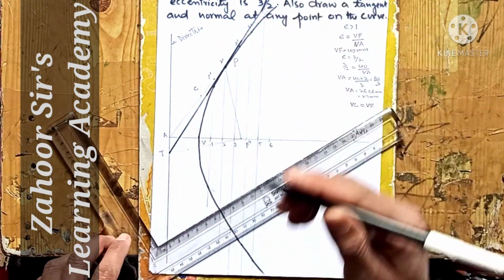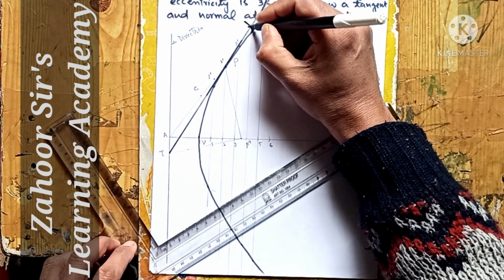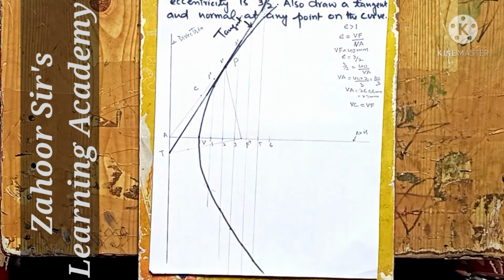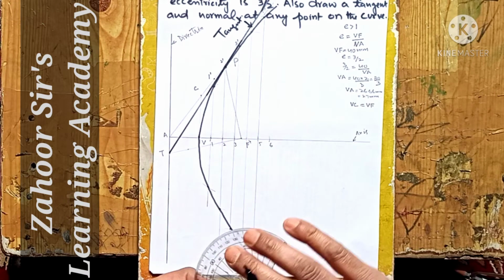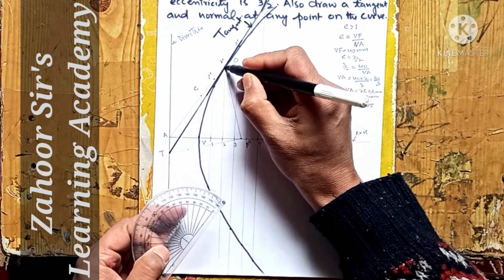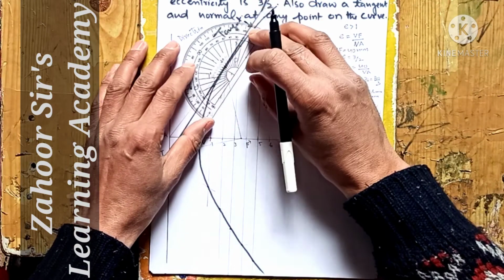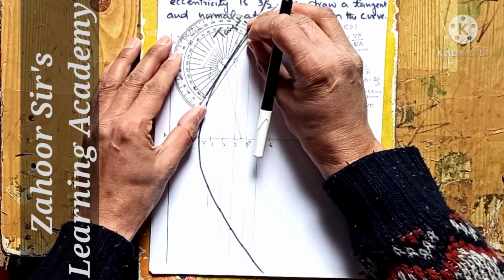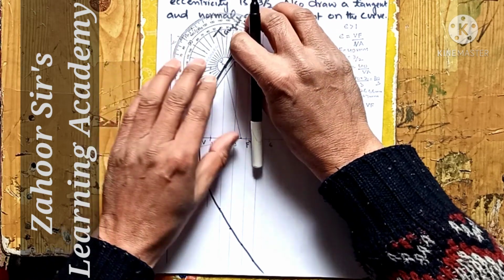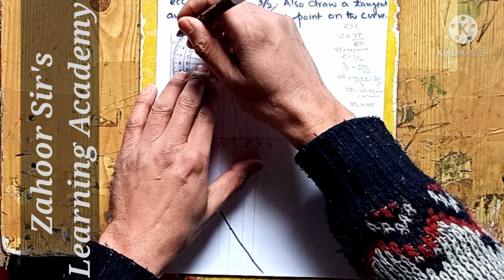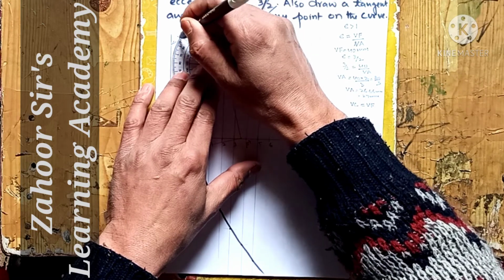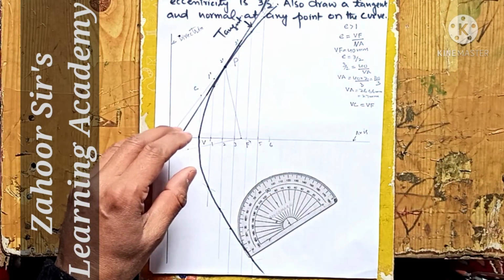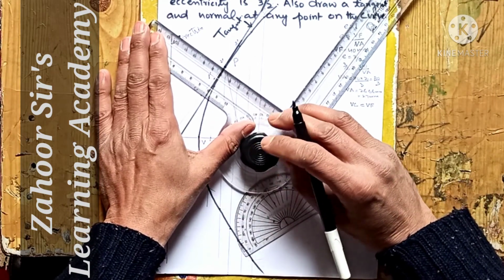This is the tangent on the hyperbola. Next, we need to keep the protractor here and draw the normal by measuring the 90-degree angle again, and joining these two points together.